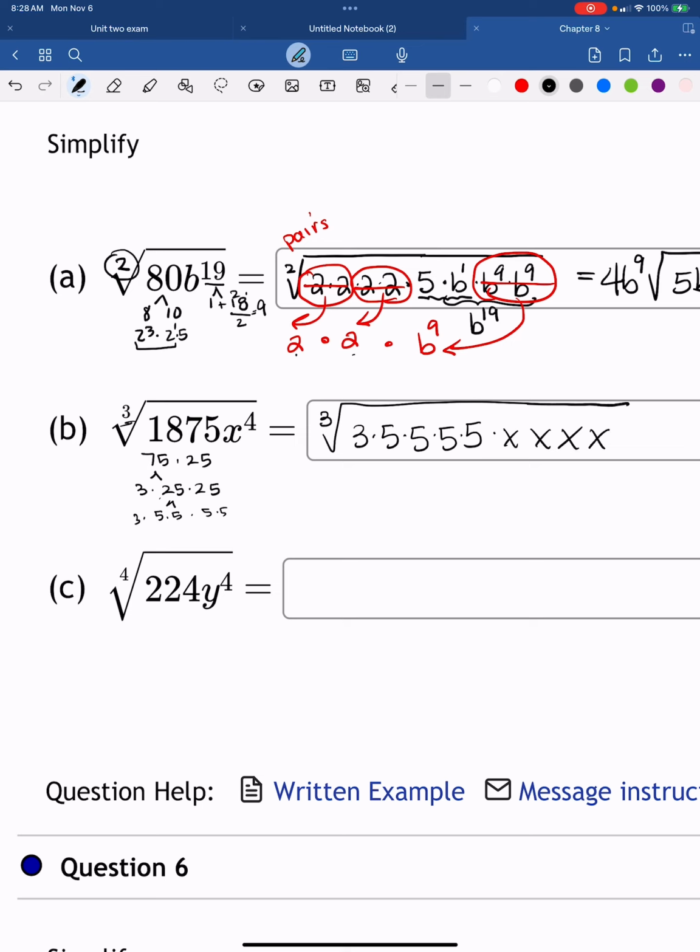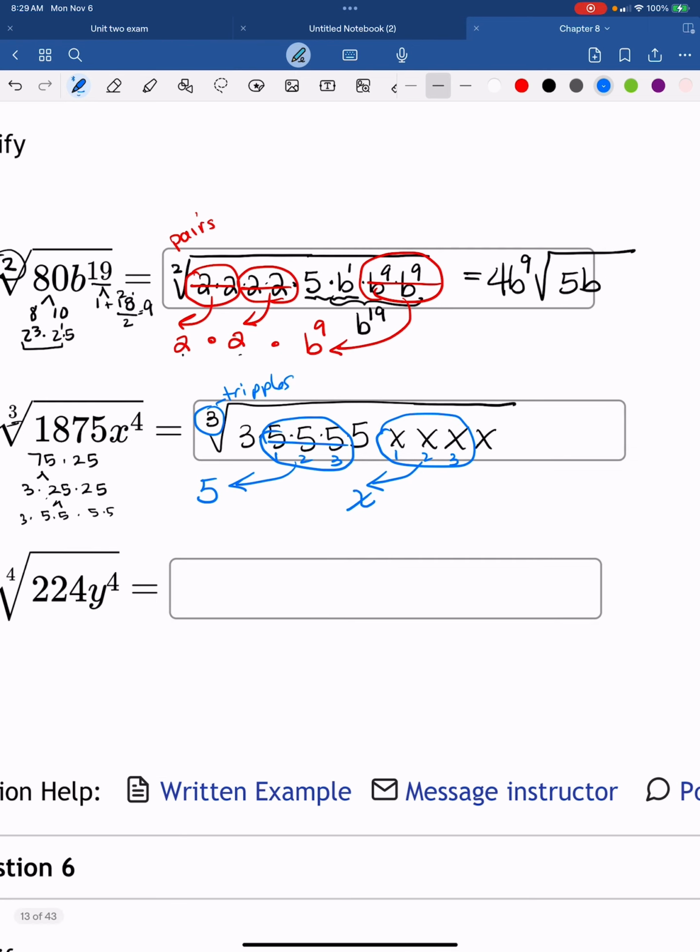Because of cube roots, maybe I'll go blue, you want triples. So 1, 2, 3. We take 3 of them, but we pull out just 1 of them because they're the same. And now I have 1, 2, 3. So I'll pull out these 3 and I pull out an x.